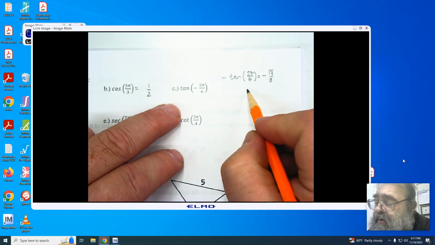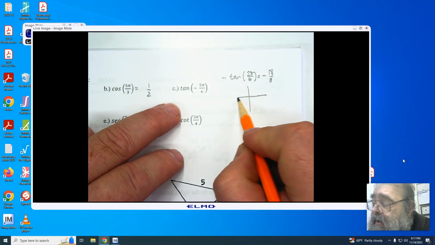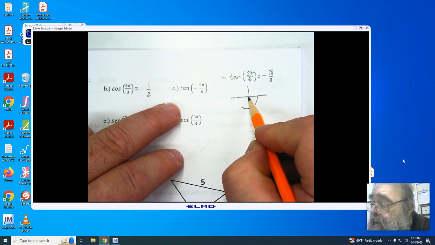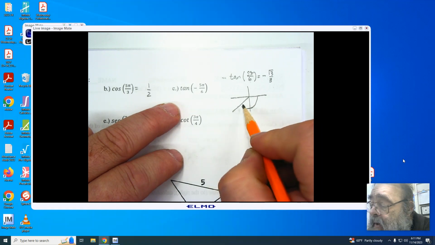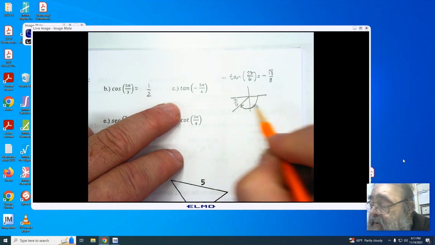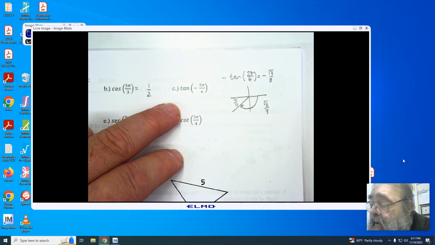The other option is for us to work backward, and we go in a clockwise rotation. This is going to put me in the third quadrant, so I now know I have a negative. The reference angle is pi over 6, and I now have root 3 over 3 from that reference angle.